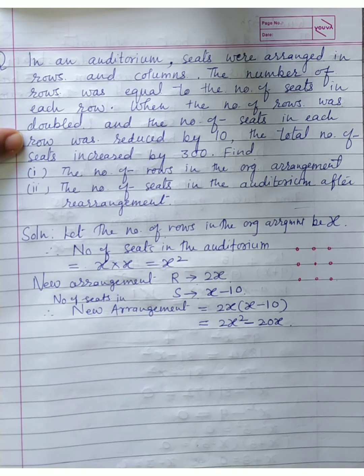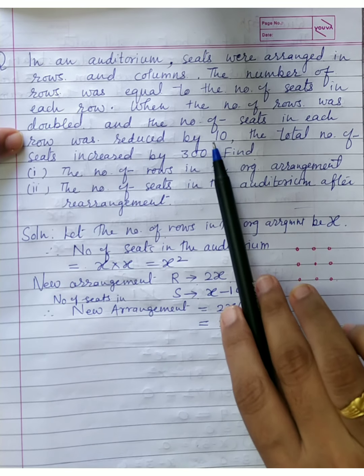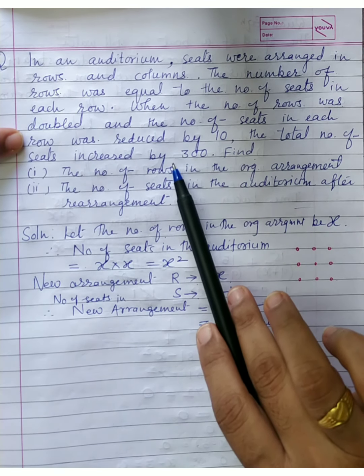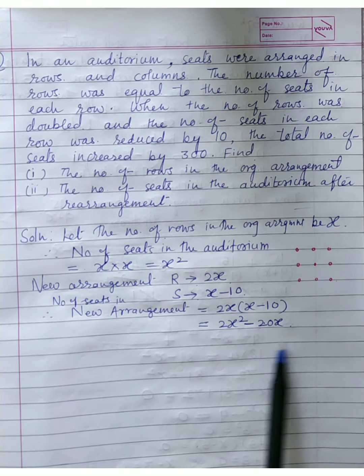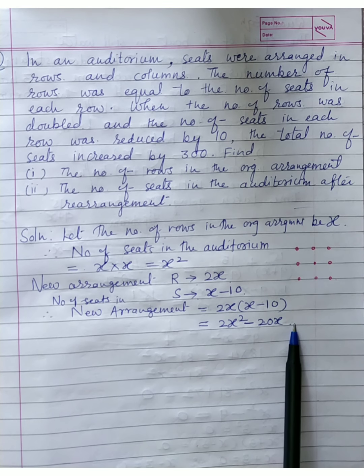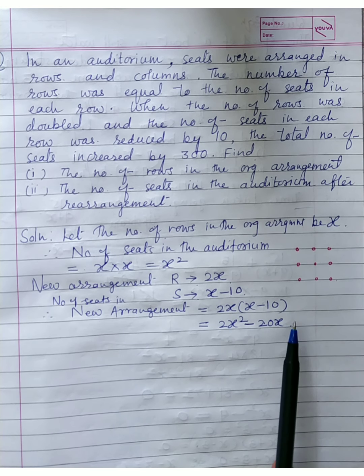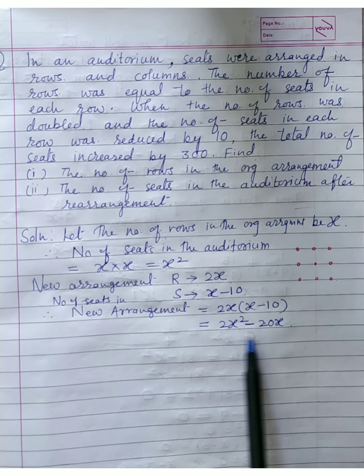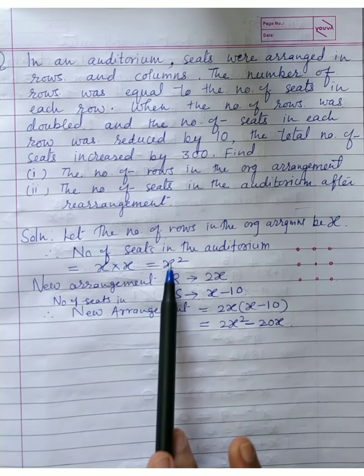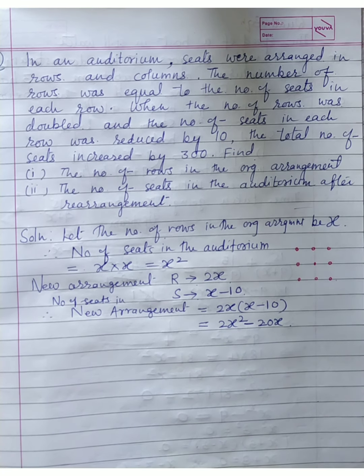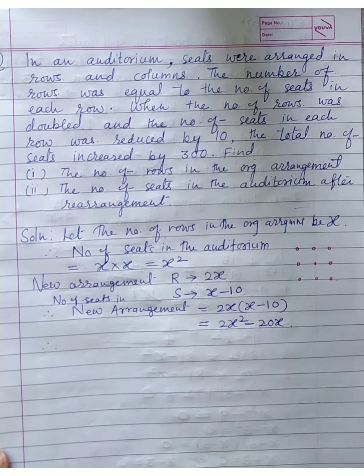Fine. And what is given? When this change was done by 10, the total number of seats increased by 300. So this new number of seats obtained has increased by how much? 300. So now the new number of seats minus the earlier number of seats should be 300. This gives you the equation.